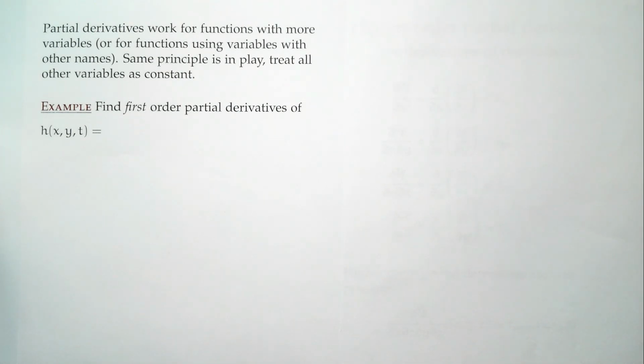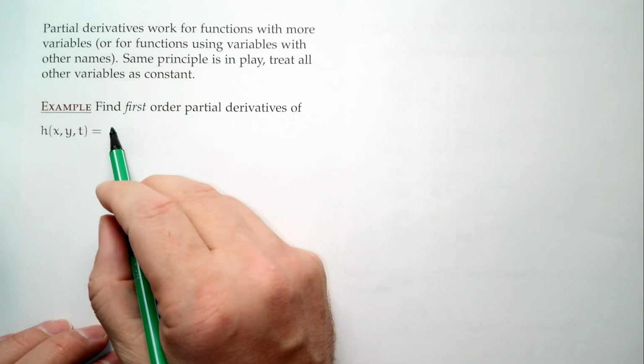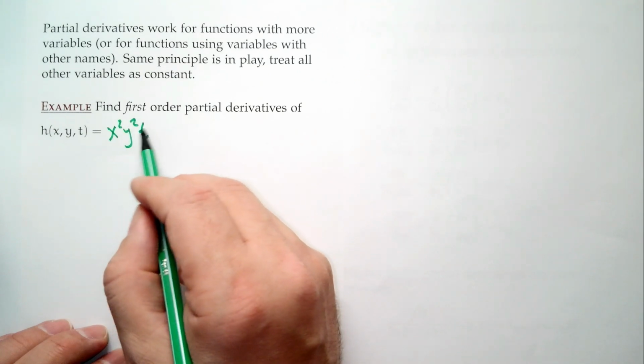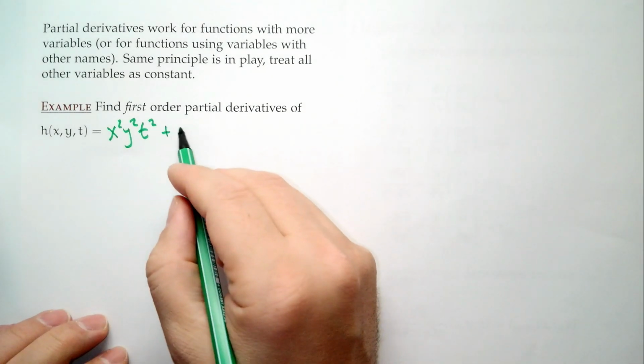So let's do one more. All right, h of x, y, t. What do you want to be your function? X squared, y squared, t squared. All right. Anything else? This is your chance to channel your inner creativity. Stump the professor. X times y to the t.